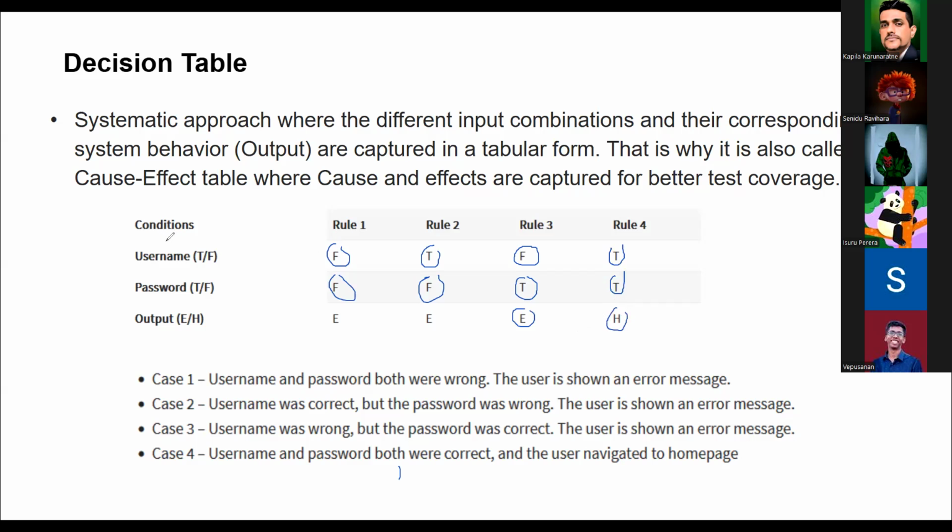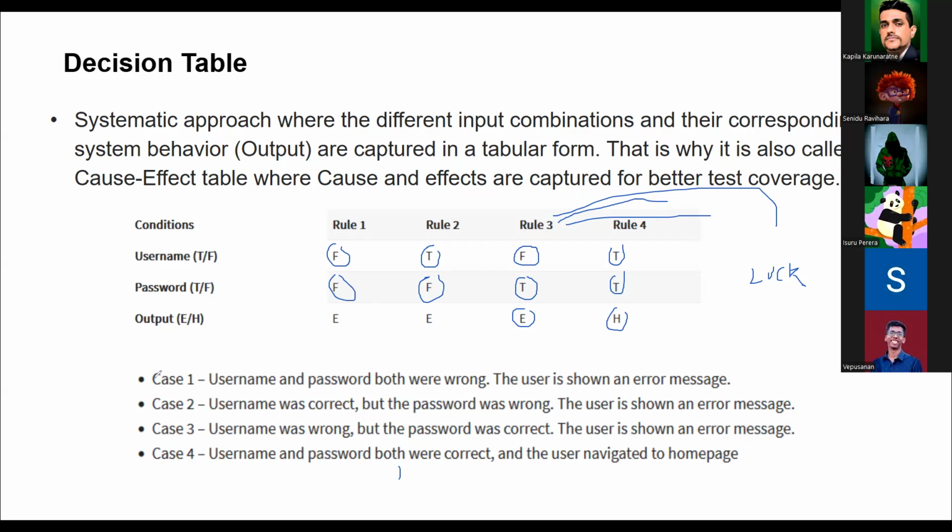Right? So you can draw a diagram for rules, each rule. In addition to that, there can be more rules. If you try three continuous incorrect passwords, your account will get locked, right? You can write three incorrect attempts, and the fourth one is locked. You can have multiple rows like this, multiple rules, and you can find out the number of test cases required for this kind of logic.